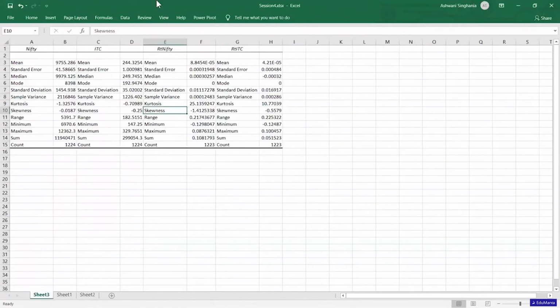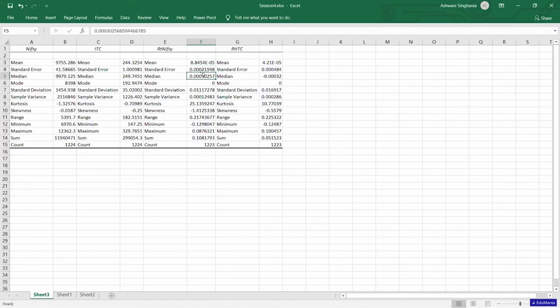I hope these descriptive statistics are clear. Whenever we start analyzing data, we start with descriptive statistics because they tell us many things about the data, such as what kind of return it is providing.